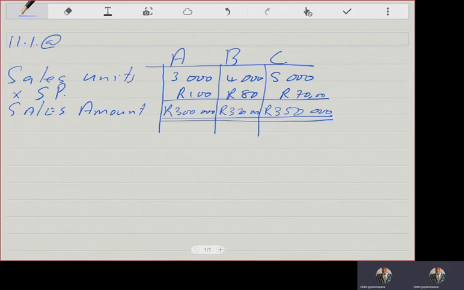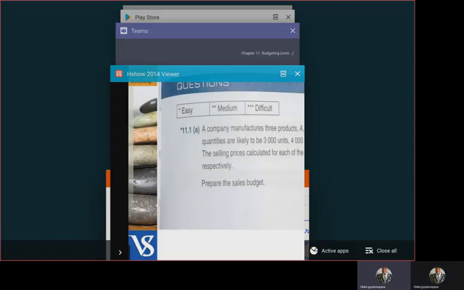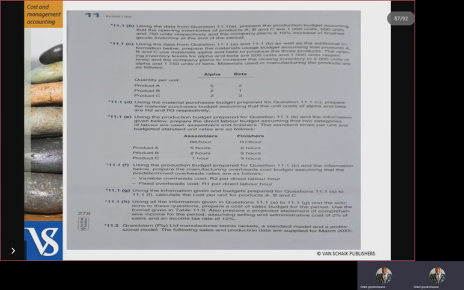Then let's look at 11.1b with our question. Now looking at 11.1b, it reads, using the data from question 11.1a, prepare the production budget assuming that the opening inventory of products A, B, and C are 1,000 units, 500 units, and 750 units respectively, and the company plans a 10% increase in finished goods inventory at the end of the period.